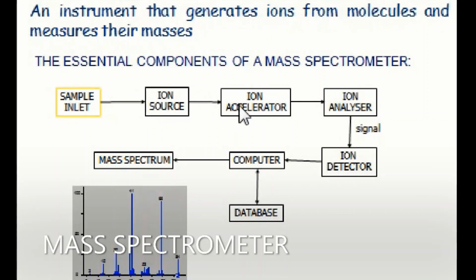The amount of voltage you apply will control the speed of the ions coming from the ionization chamber to the ion accelerator. So the basic role of the ion accelerator is to control the speed of the ions produced from the sample, that is, the sample ions. Once the speed has been controlled, the next chamber the sample goes to is the ion analyzer.